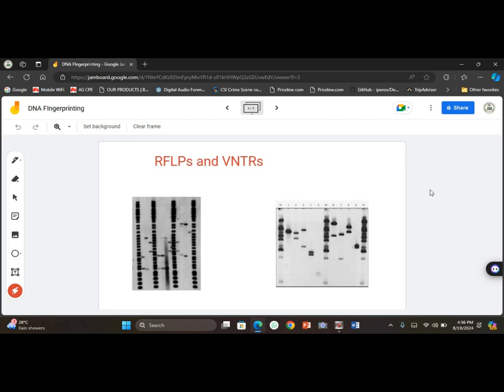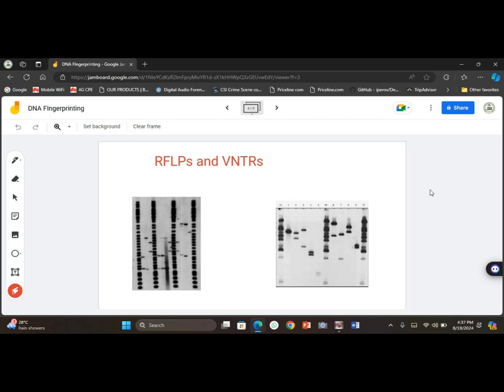Each type of restriction enzyme recognizes and cuts a particular DNA sequence. So the DNA at this point is cut into various small pieces like that.